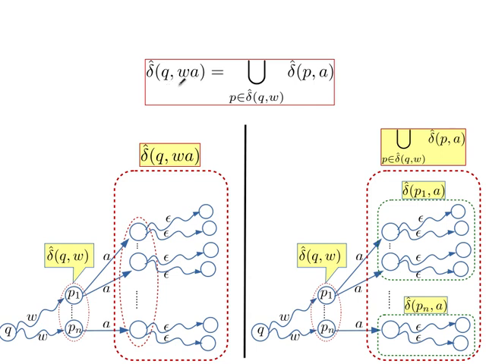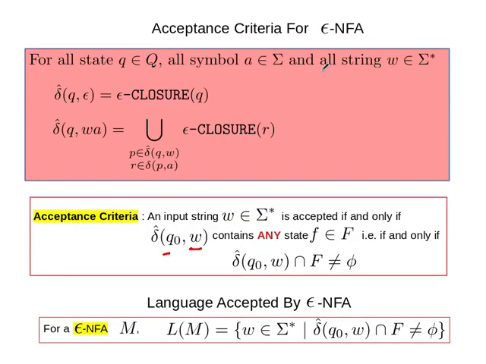So you see, this again is trying to express the set of next states on input WA by breaking it down into W and then A. So we did that in this equation, okay, and this in fact is the definition of delta hat.